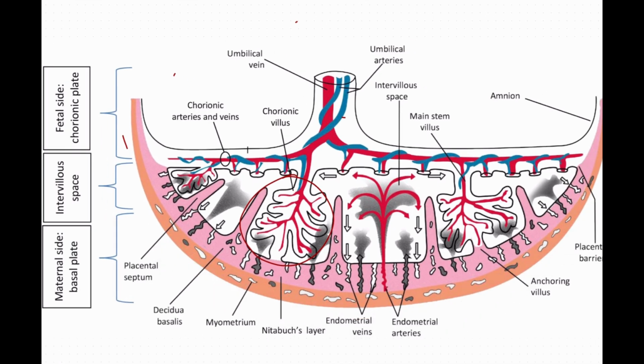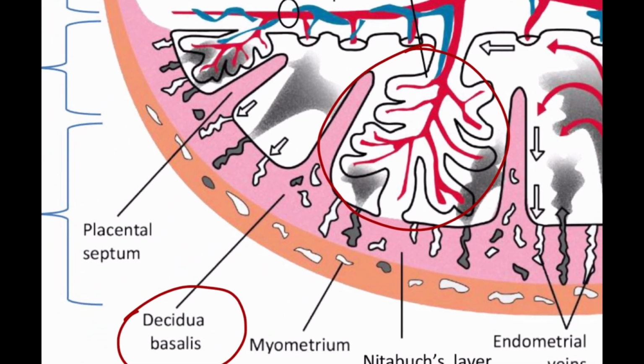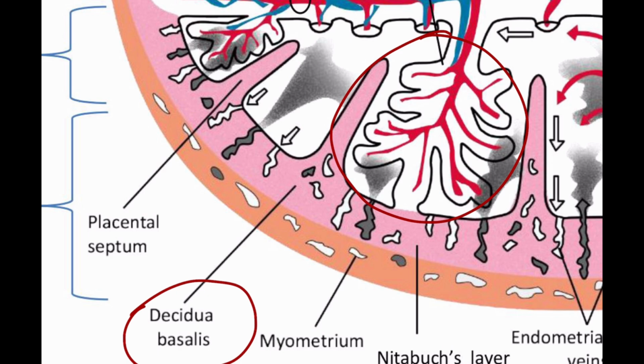First we start with the decidua. This is a modified layer of the maternal side that forms the maternal portion of the placenta. It provides structure, support, and nourishment to the placenta and the fetus. Think structural here. This is what forms that structure, support, and foundation for the placenta.